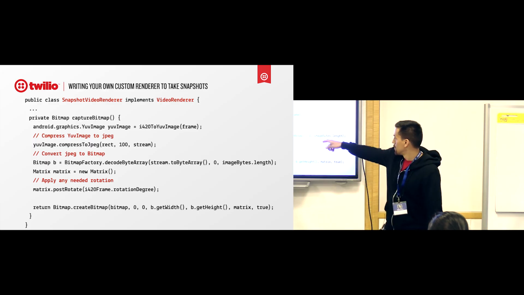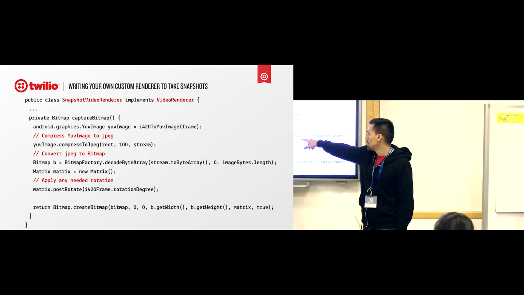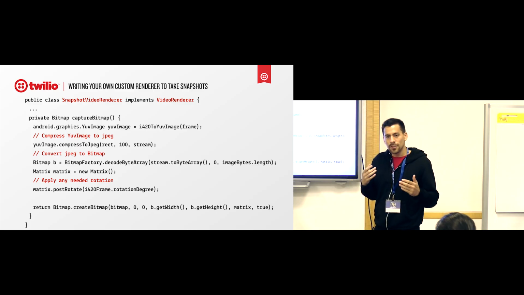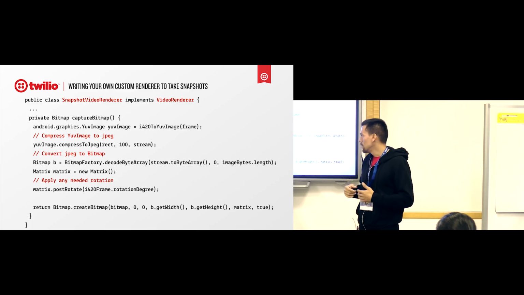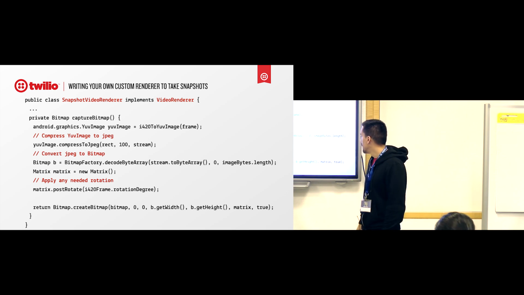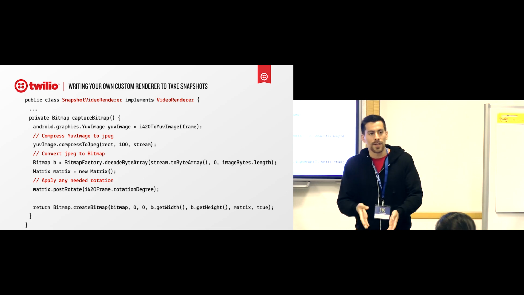Then we end up with a JPEG, and we can create a bitmap from that stream. Lastly, when you convert to a JPEG, the rotation information isn't there, so you need to apply whatever rotation is needed. At that point, you can create your bitmap, and that can be placed into the view.